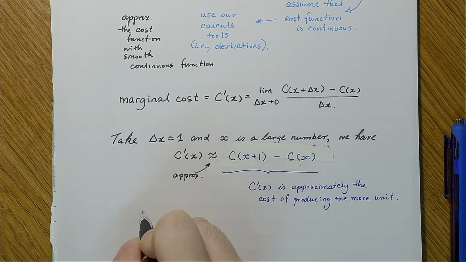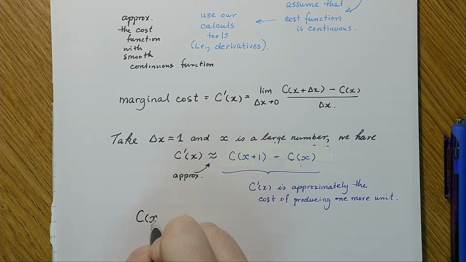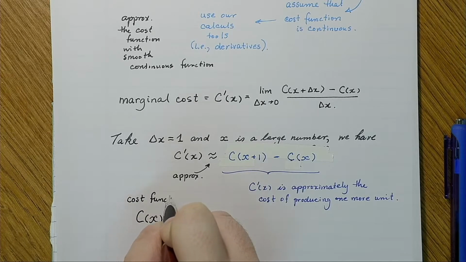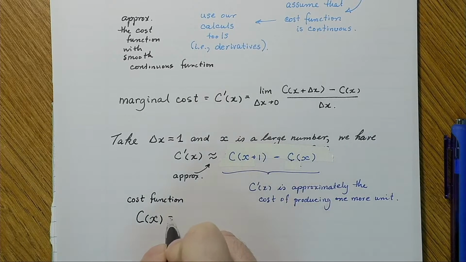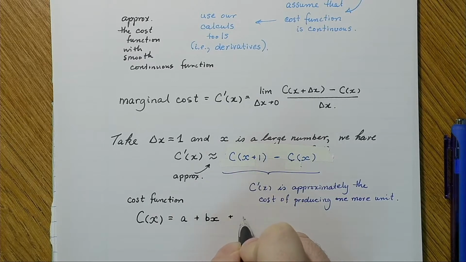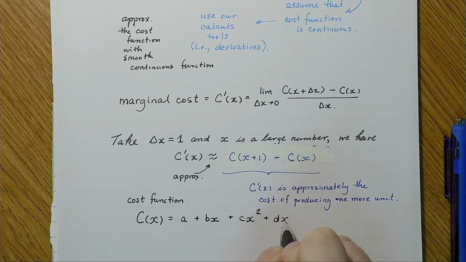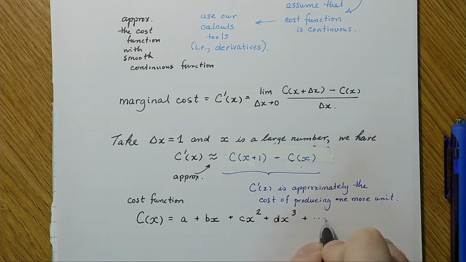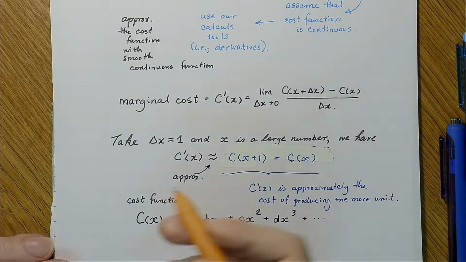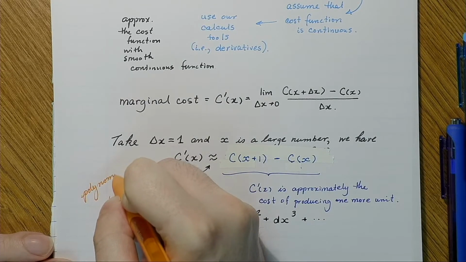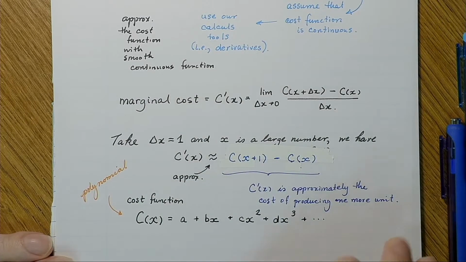Cost functions in general. Here's a cost function. I'm going to write it out as a polynomial, so I have a constant term a plus bx plus cx squared plus dx cubed plus so on and so forth. By the way, it's a polynomial, and of course you know that already.